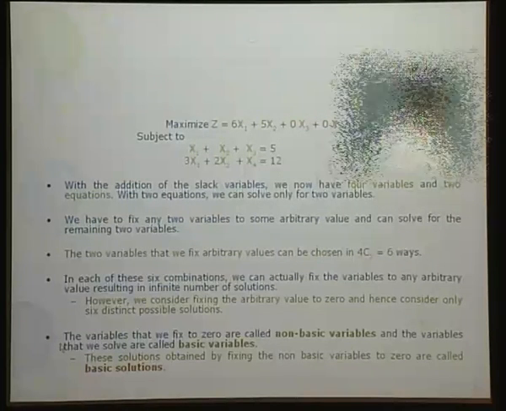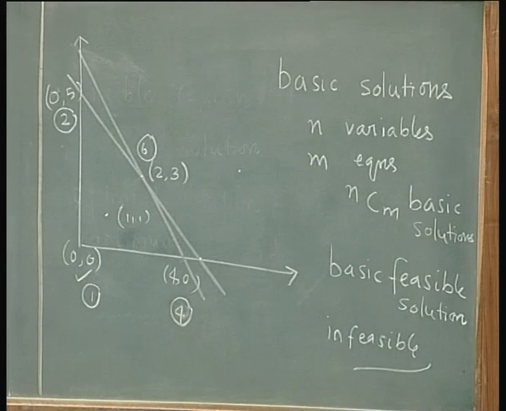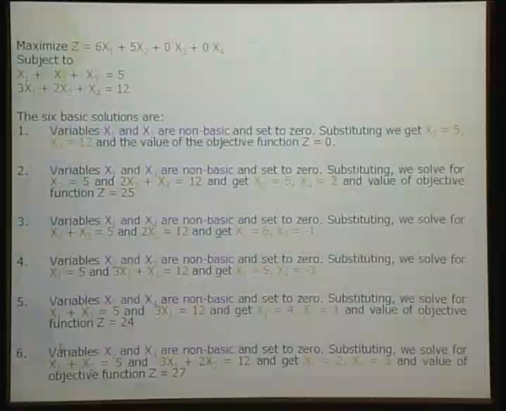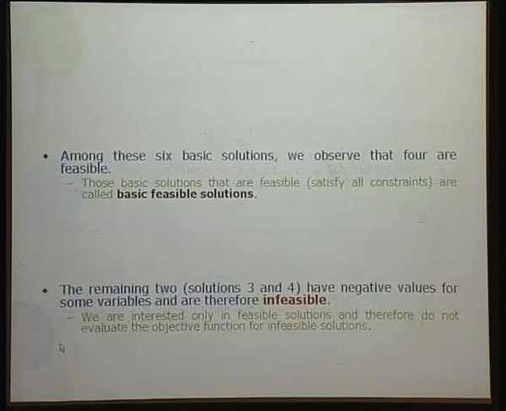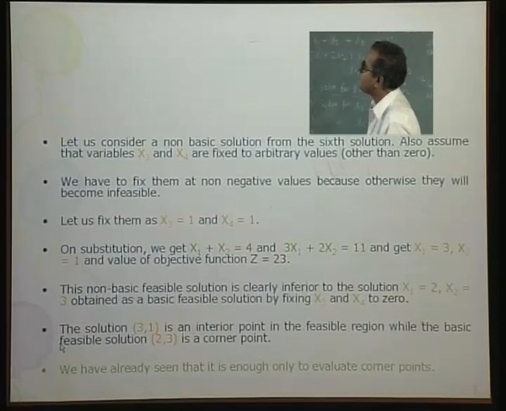These are the 6 solutions that we have seen, and among these 6 we find 4 are feasible and they are called basic feasible. The other 2 are infeasible; they are not specifically called basic infeasible. We are interested only in the feasible solutions, and the values of the objective function are now shown here.